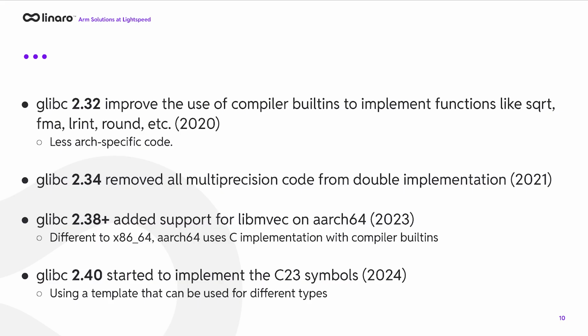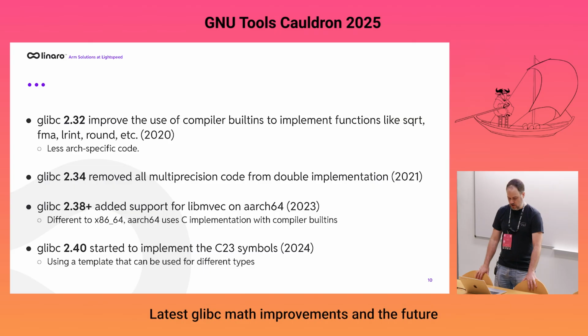And like one year ago, we started to implement the new C23 symbols. And different from the previous version, we try to use a template, which is not optimal, but at least allows us to implement the different float types at the same time. It's like a C++ template, but using C code and macros.